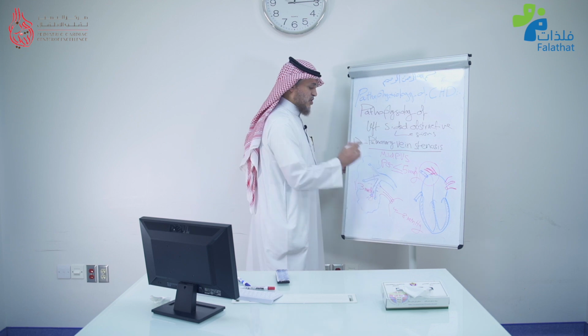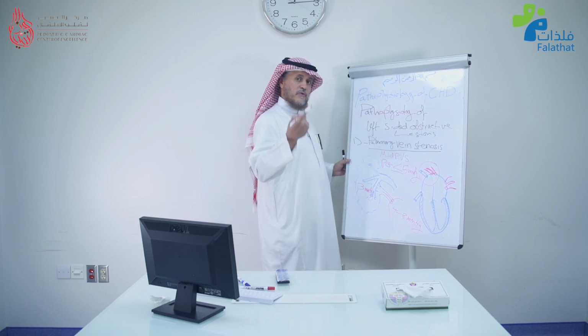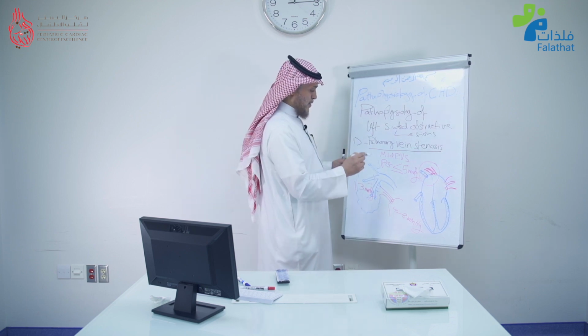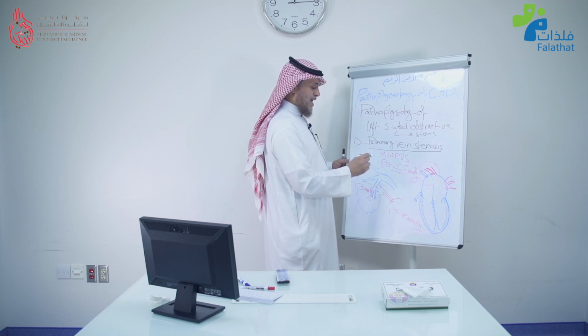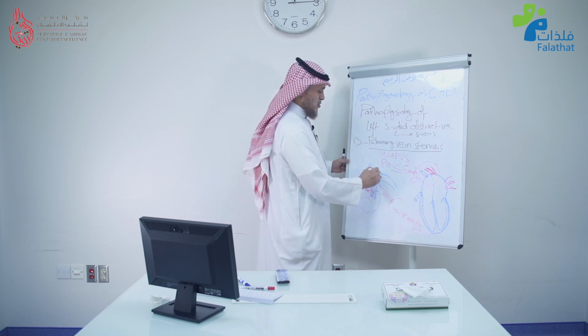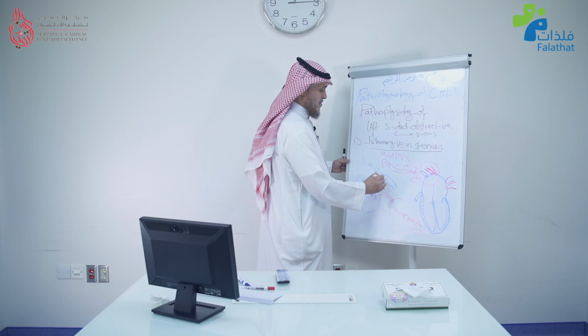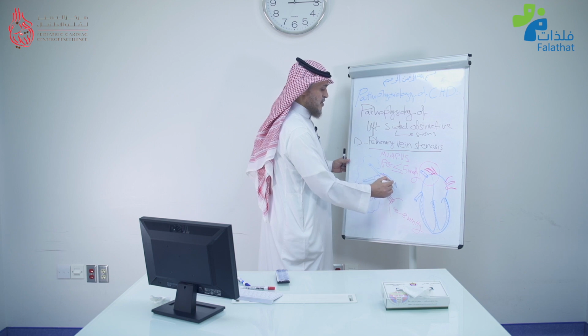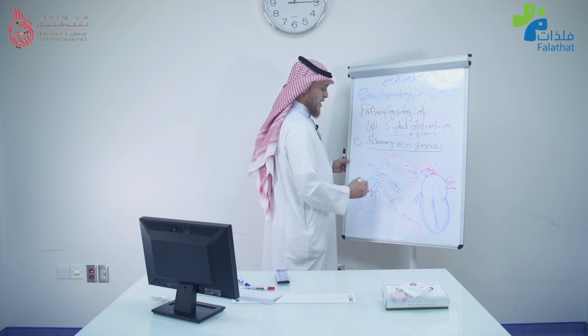What's a normal pressure in the pulmonary artery? We've said before that the systolic pressure of a normal artery can be up to, or actually less than, 25 millimeters of mercury.